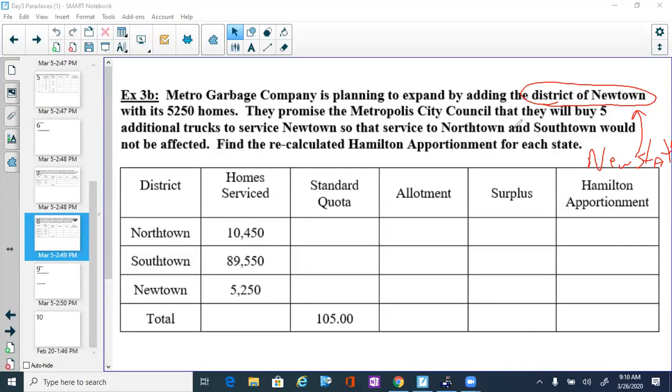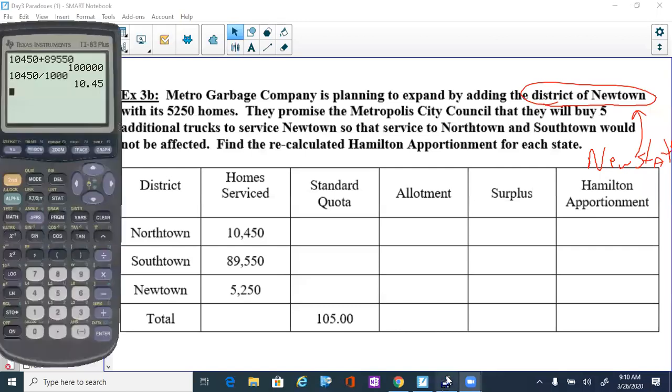In this case, we've added 5 new trucks, and for every 1,000, we had 5,250. For every 1,000, we should have a truck, which was on the previous problem, and we do. For 5,250, we've got 5 new trucks, so that should be a fair apportionment based off of basic proportions. Let's make some calculations and see if the new state paradox occurs.